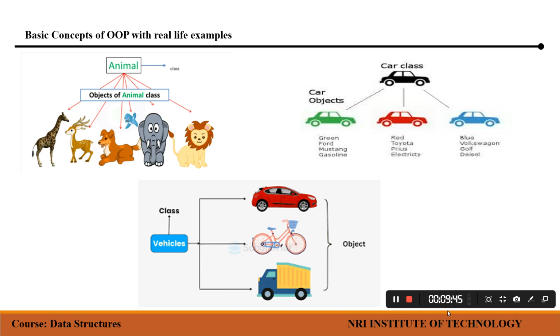So car is a general category under which we are having several types of cars based on their color, their company, their engine power, their fuel type, like that. And coming to another example, more general, a vehicle. Usually vehicle is used for commuting purpose. Different types of vehicles are there, and you have a car, you have a bicycle, you have a truck, you have a train, you have a plane, and so on like this.